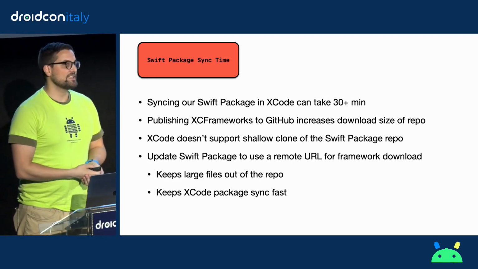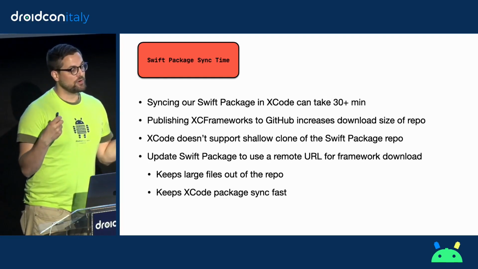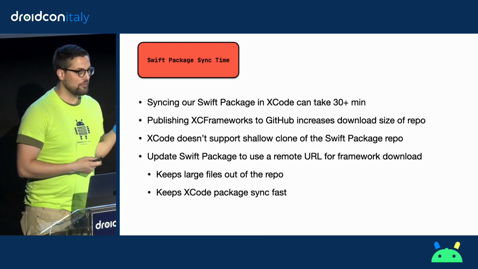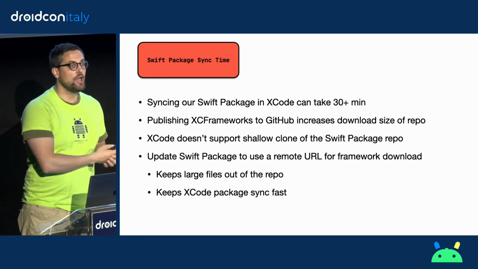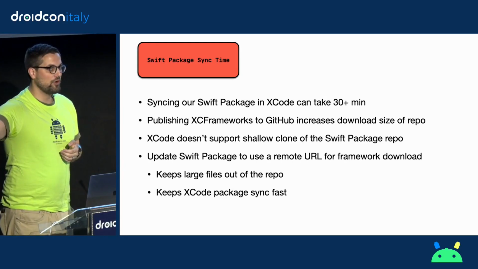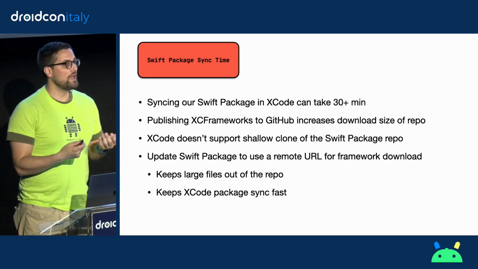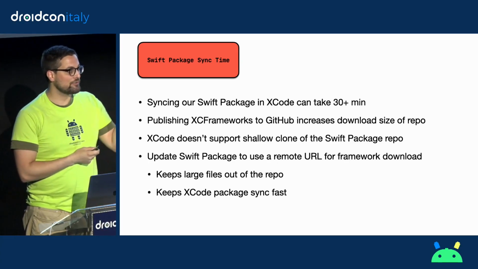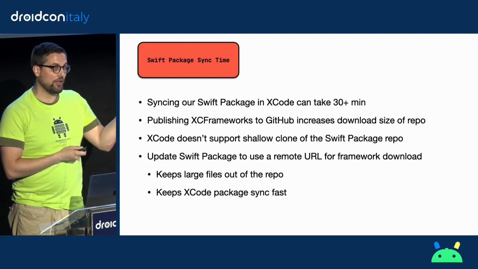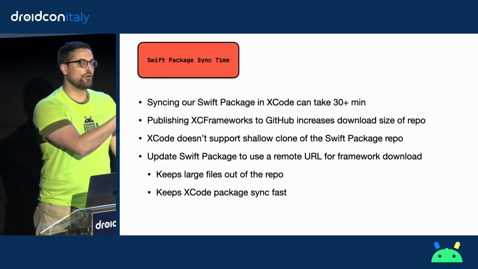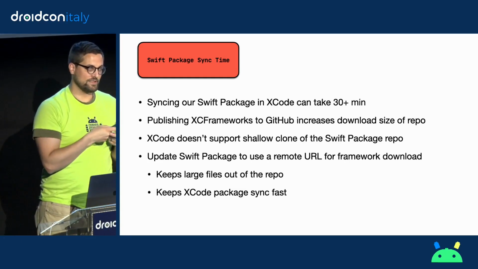So the solution for this is to not do the binary local distribution model where it pulls down the whole thing from the source directory, but instead to publish the framework as a zip file that lives outside of your project. And that way it can check out the commit it needs, grab the package.swift file, then go into the file, look for the URL, and go out to that URL and download it.